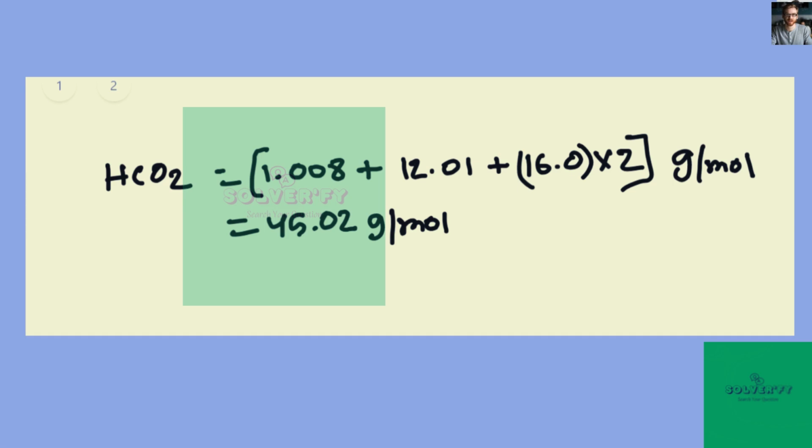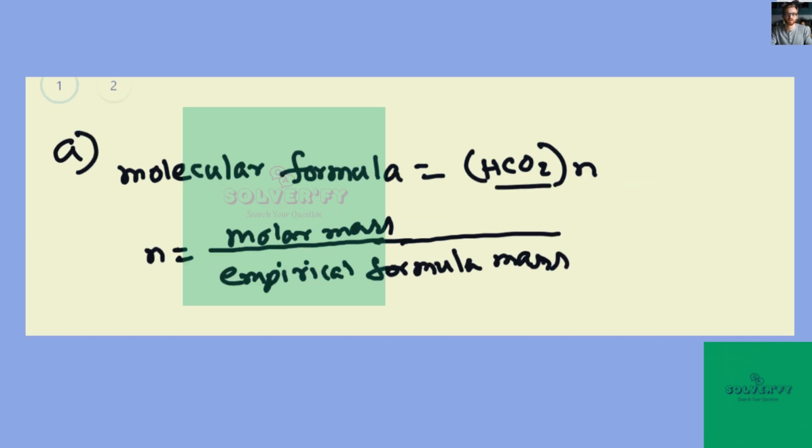So here is the empirical formula mass for HCO2, and we are given the molar mass as 90 gram per mole. So we just put these values here.